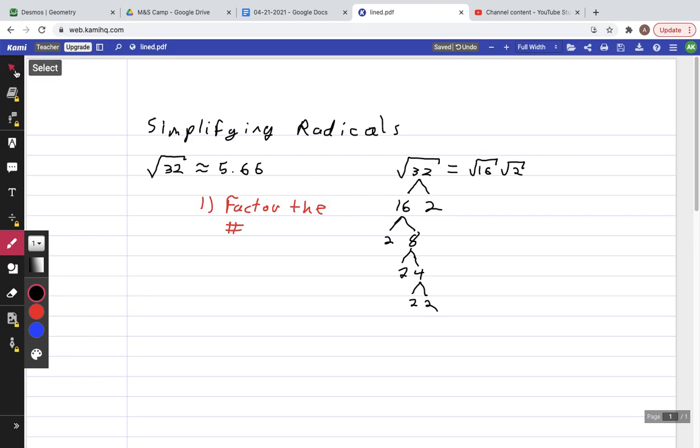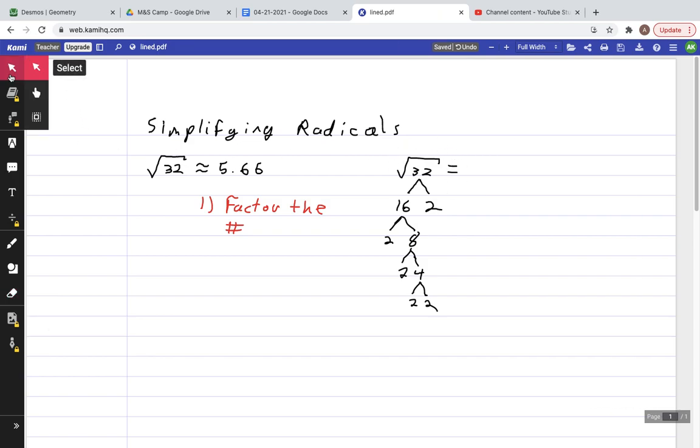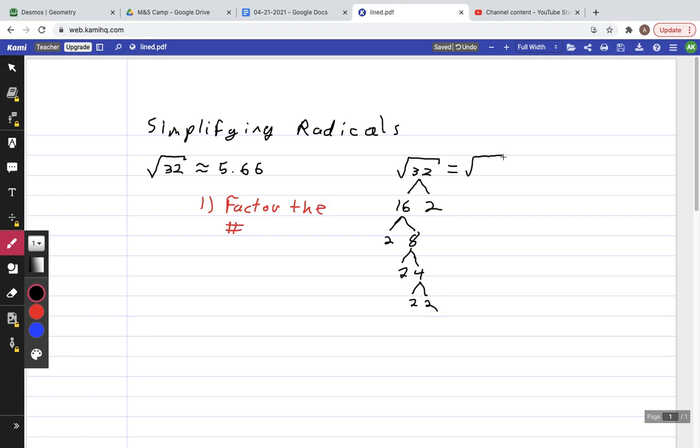So what we could do is we could rewrite this statement as the square root of 2 to the 5th. Okay, that, however, does not necessarily help us out all that much.